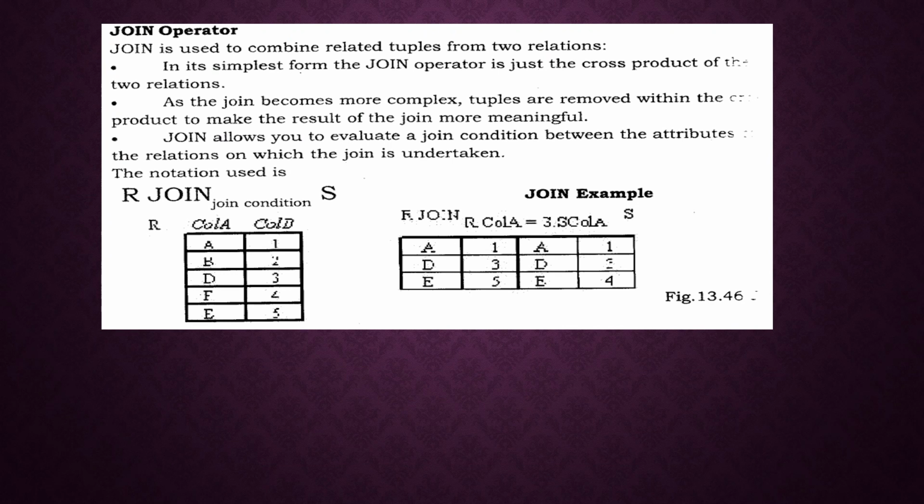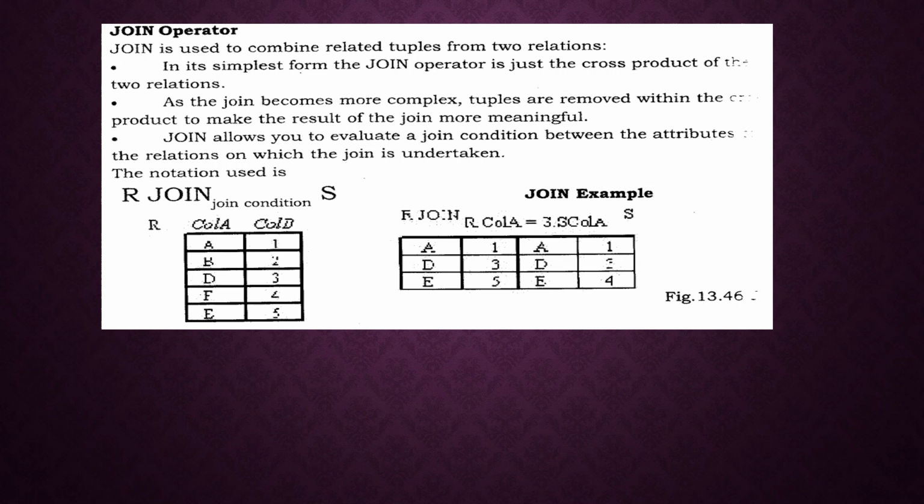As the join becomes more complex, tuples are removed from the cross product to make the result of the join more meaningful. Sometimes you remove some tuples to get a meaningful join operation.